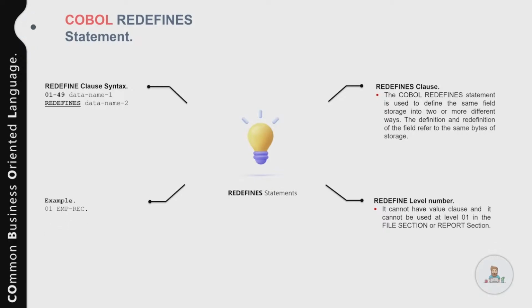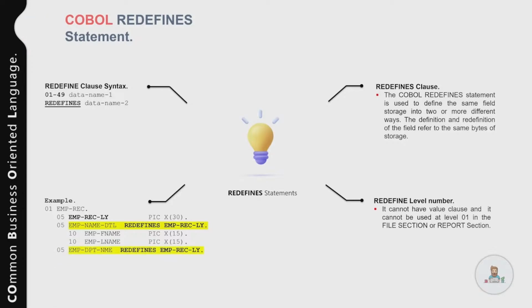Now let's look at an example so that you can understand how exactly you can use the redefine statement in your COBOL program. In the following example, you have an employee record which is defined at level 01, and at 05 level you have employee rec layout which is X of 30. This 30 bytes of storage is redefined as first name and last name by a group variable, employee name detail, that actually redefines employee rec layout.